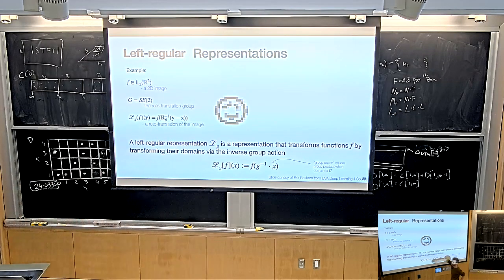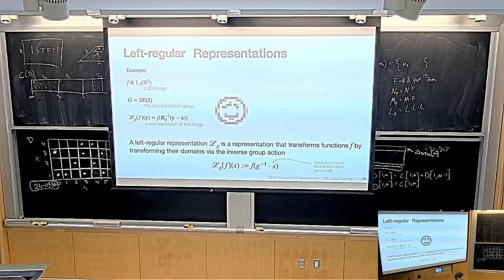So in this case, for rotations, you can define a rotation function. It takes an image as input, and then it gives you rotated images as output. But it's good to note that images are themselves functions. You can, of course, parameterize them as samples, as an array. But fundamentally, the image is a function defined on R2. The way rotations or translations act on images is that they transform the coordinates the image is defined on.